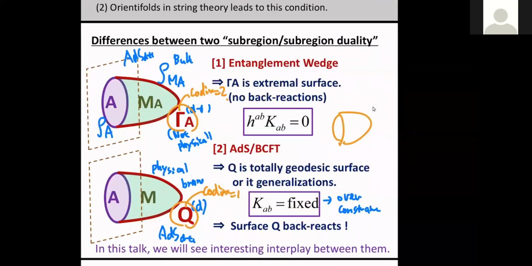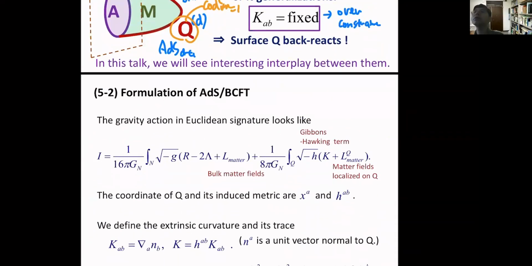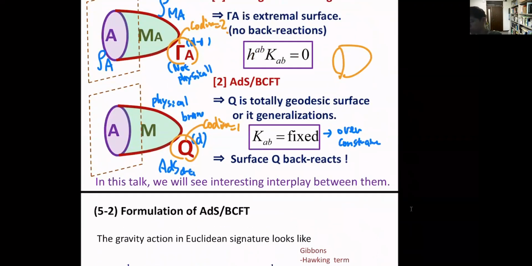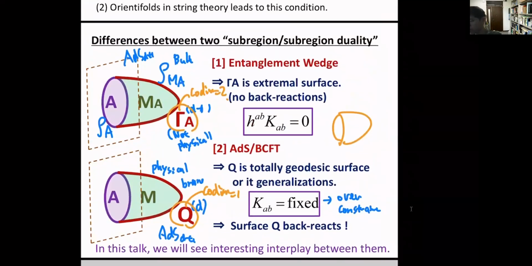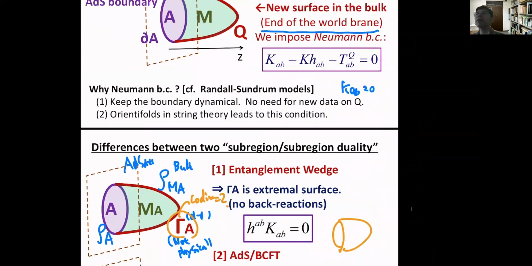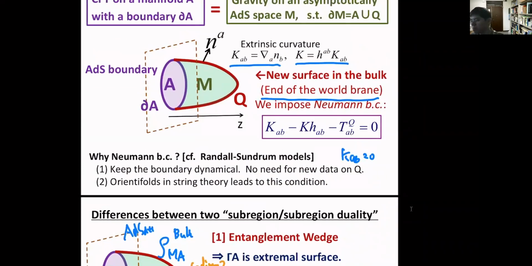Maybe one more question. What's the meaning of "no need for new data on Q"? So we don't have any candidate for the metric. If we want to impose a Dirichlet boundary condition, we need to specify the metric right here, but we don't have any candidate.